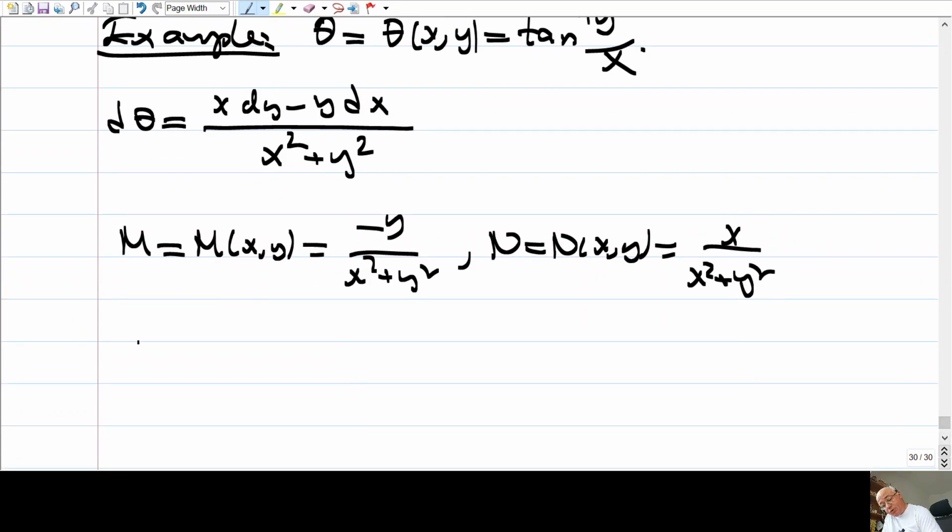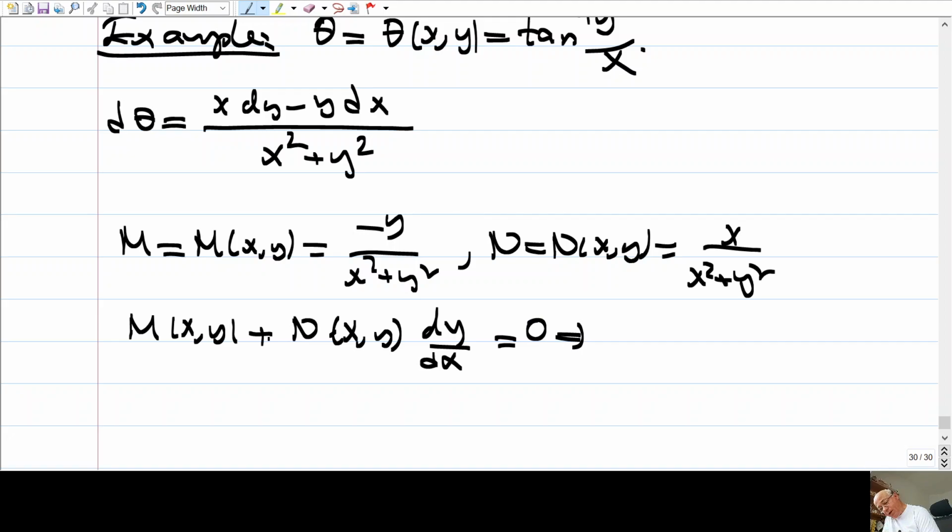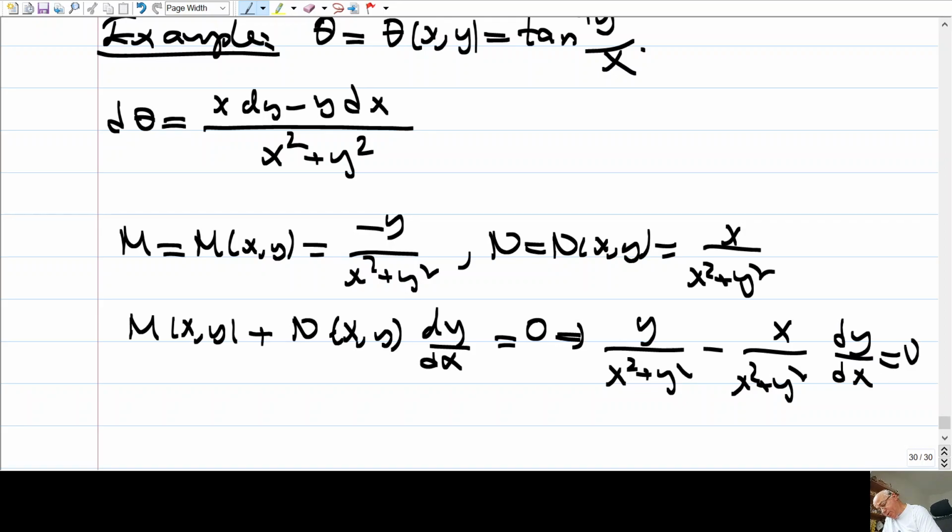Okay, so the equation M(x,y) dx plus N(x,y) dy equals 0 is the following: minus y over x squared plus y squared dx plus x over x squared plus y squared dy equals 0.